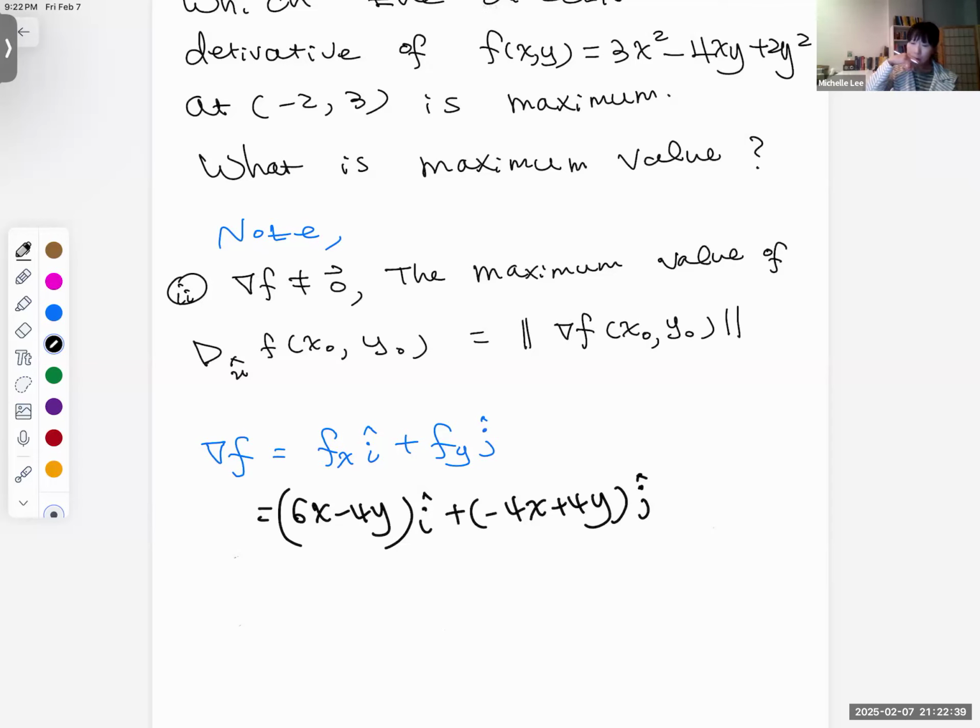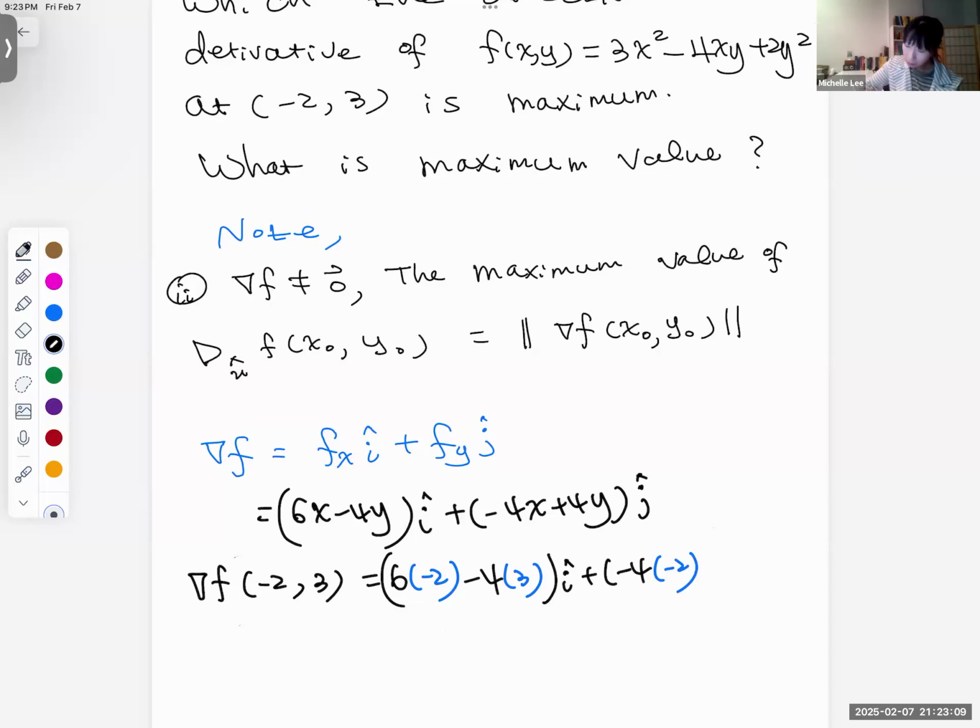Okay, so we want to know the gradient when x equals negative 2 and y equals 3. So it's 6 times negative 2 minus 4 times positive 3, i hat, plus negative 4 times negative 2 plus 4 times 3, j hat, right?